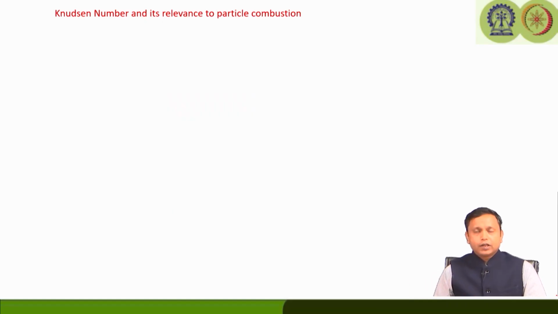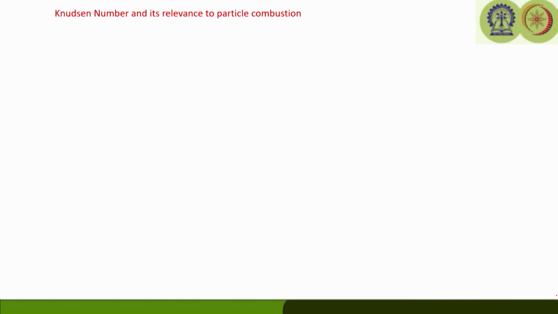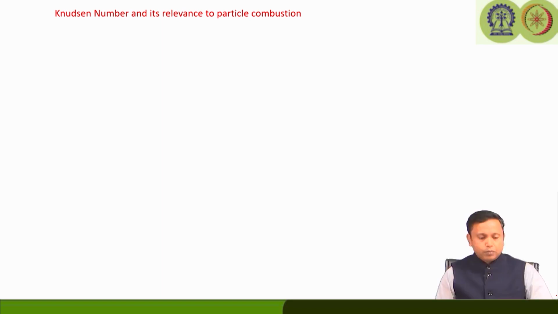We had said that the Knudsen number is important because it gives us another length scale for metal combustion, if we compare the particle diameter with the mean free path of the ambient gas. This length scale tells us that if the particle diameter is very small, we have to see whether the continuum exists or not, whether we can really consider the macroscopic behavior of the particles.